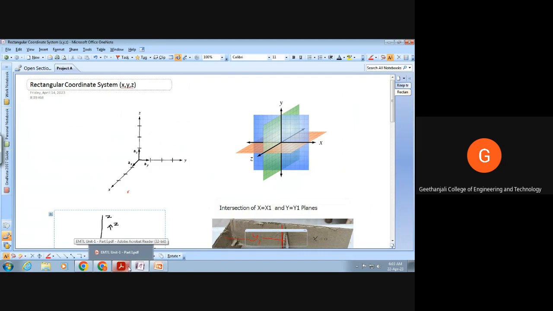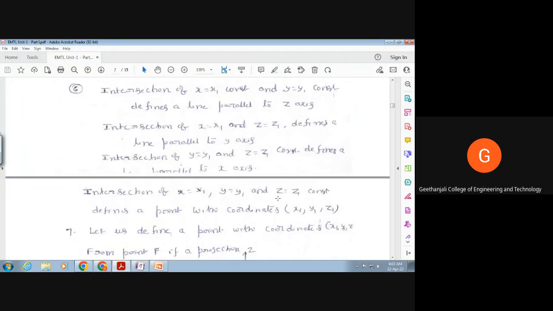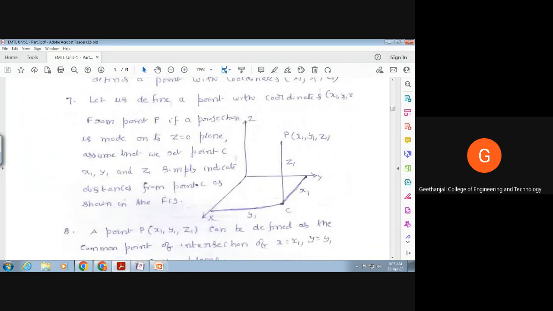Now let us try to define a point in a rectangular coordinate system. The simplest way of defining a point is, suppose there is a point with coordinates x1, y1, and z1.